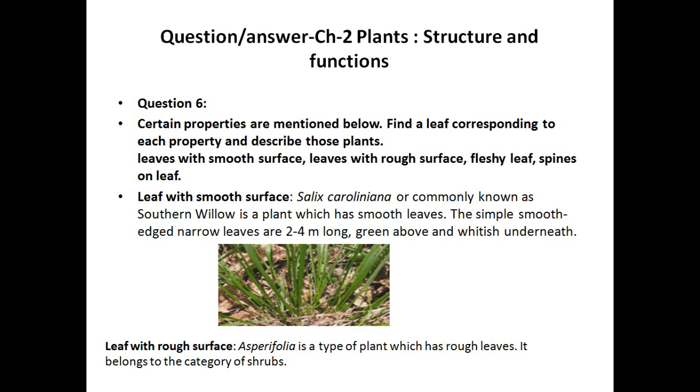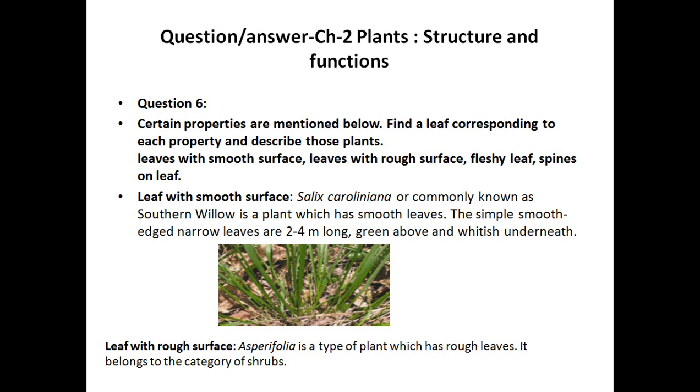Okay, in question number 5, actually the question is to describe the function of various parts of a plant. So when you describe the parts of the plant, you can also include the flower, and also that the plant has a stem, node and internode.